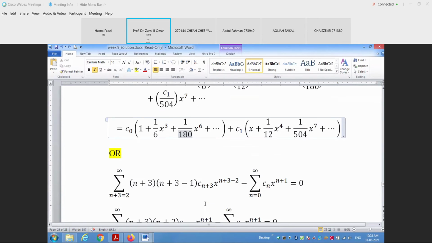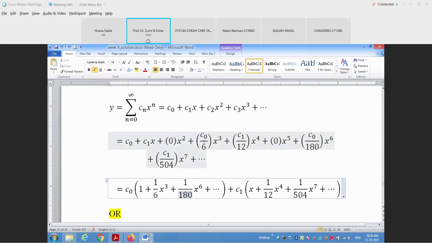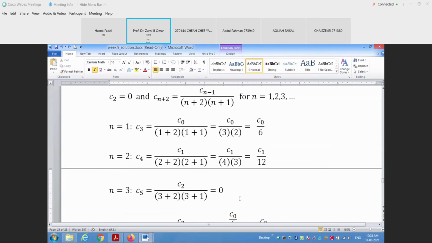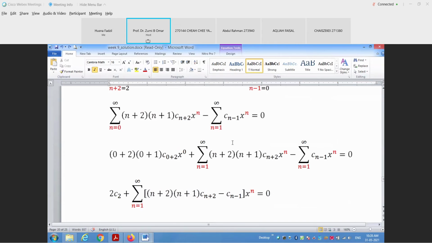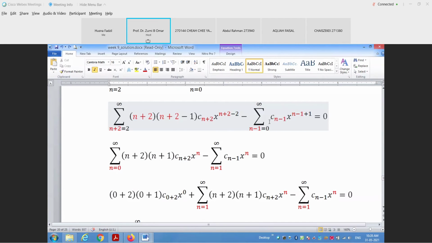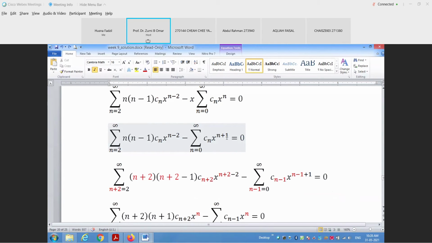For this case, if we want to change both x power of n minus 2 and x power of n plus 1, we want to change only this one to x power of n plus 1.